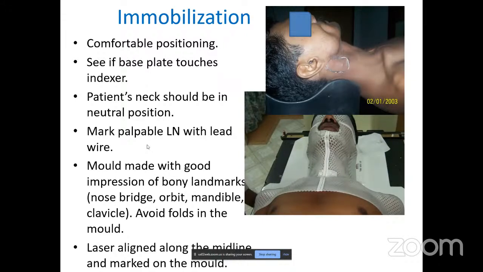Then make the mold, and it should be made with a good impression of the bony landmarks, and the laser should be properly aligned, and you can put a mark for the laser alignment for easy positioning every day.